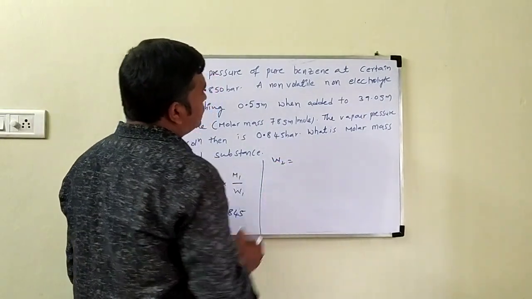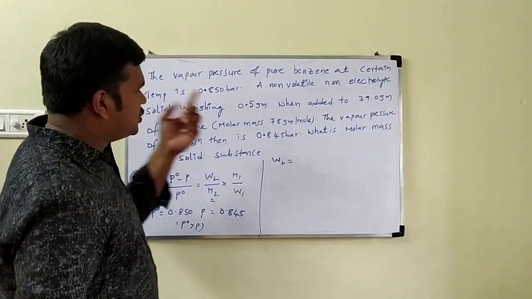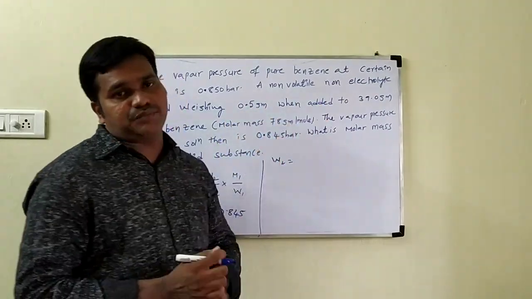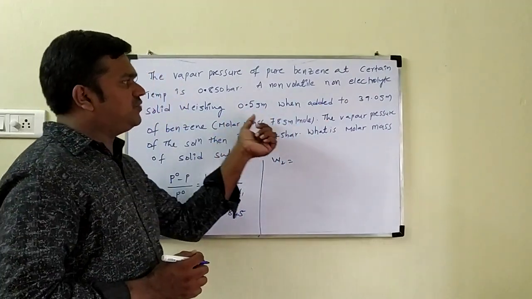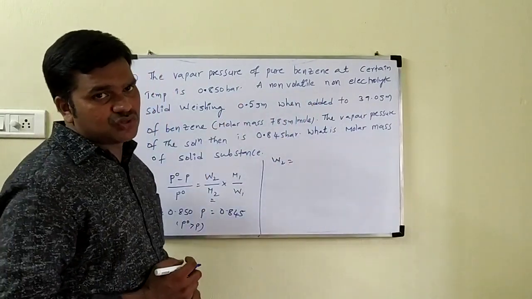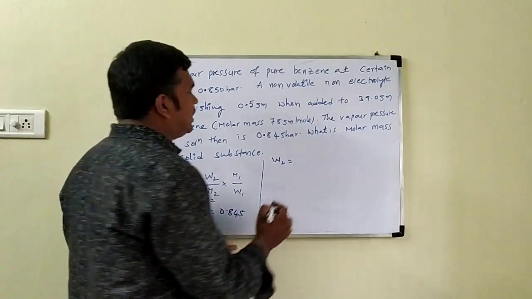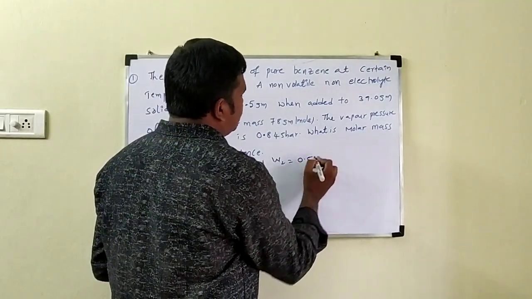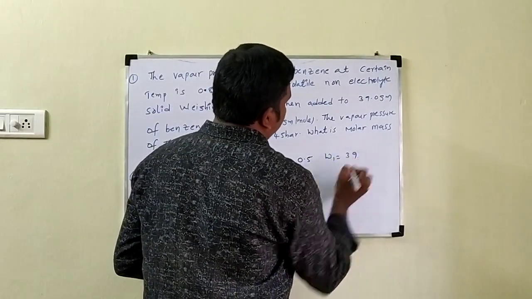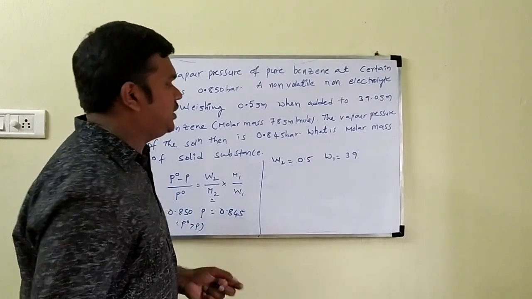What is W2? Weight of the solute. Now we can see 0.5 grams when added to 39 grams. So comparing 0.5 and 39, which is solute? 0.5 gram is solute and 39 grams is the solvent. Now we write W2 is equal to 0.5 and W1 is equal to 39. Solute is always less than the solvent.